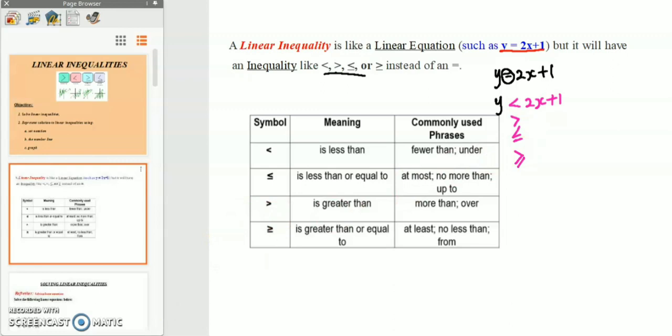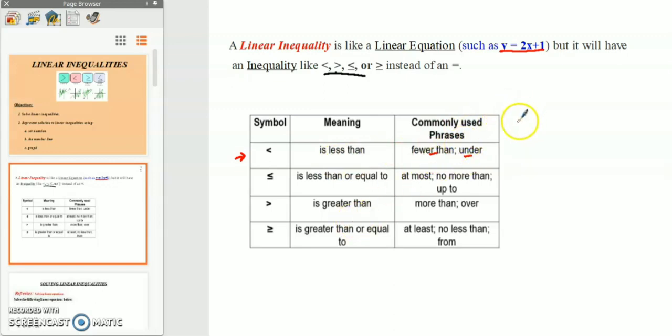If you look in the table right here, starting with the less than symbol, it reads is less than. Commonly used phrases are fewer than and under.